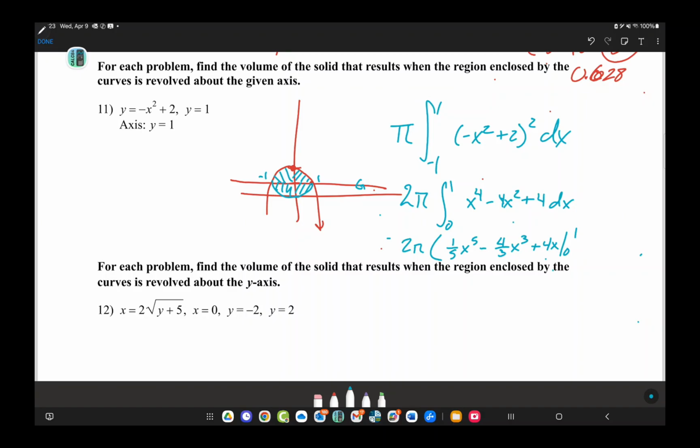Since it's an even function, it's the same area on the left and right of the axis, so you can just double this area. Plugging in 0 gives 0, and plugging in 1 gives 2 pi times 1/5 minus 4/3 plus 4. That would be out of 15: 3/15 minus 20/15 plus 60/15.